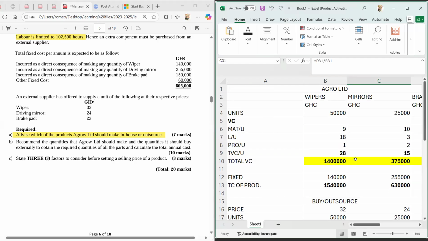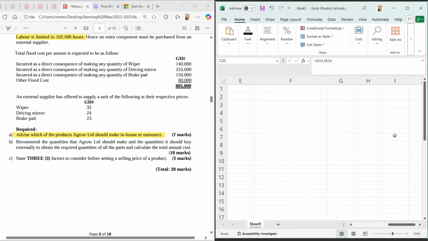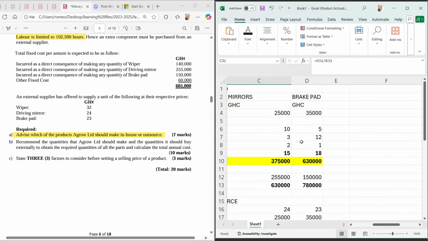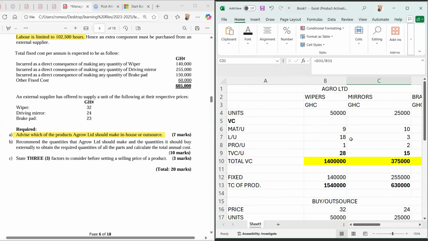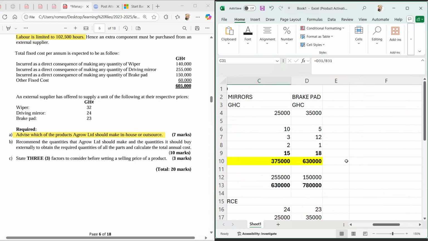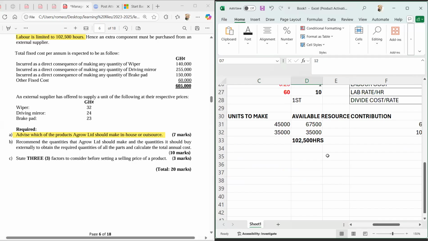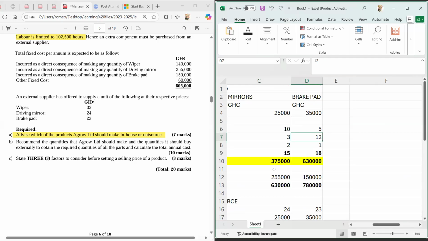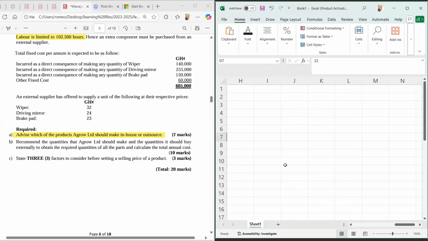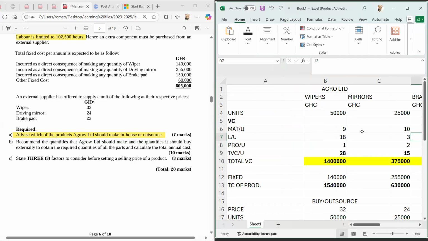And this side, the labor is the second one. So you multiply the 12 by this one, 35,000. So with that one, you are producing everything. So the only one that will change is this side.